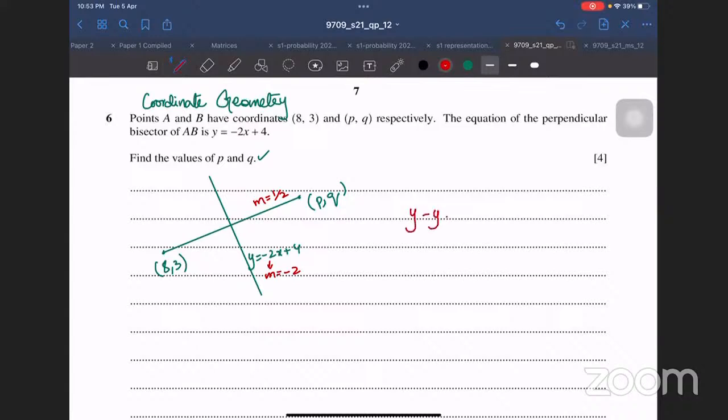I can say that y minus y1 equals to half x minus x1. सही है. y1 और x1 क्या हो जाएंगे, y minus 3 to y minus 6.